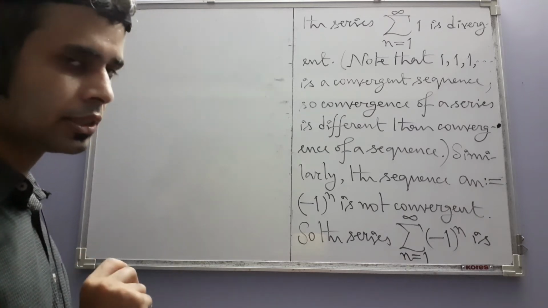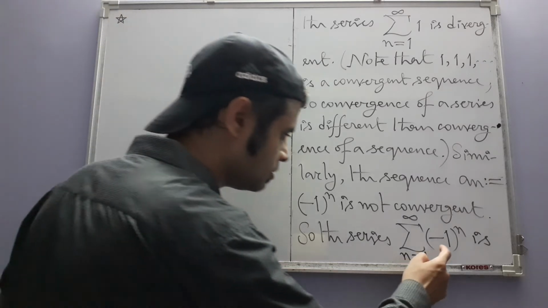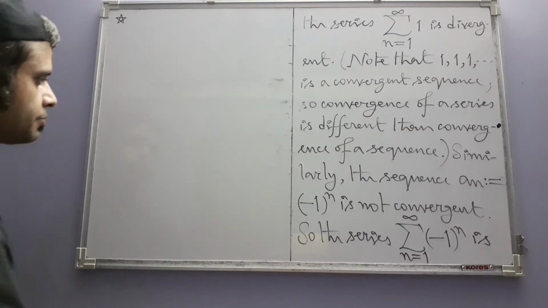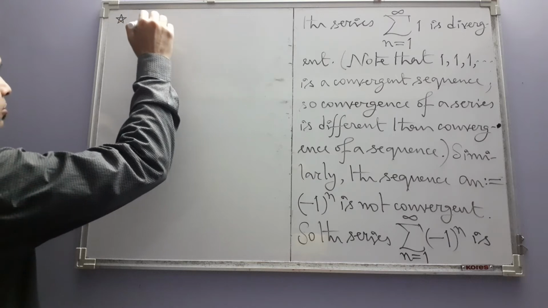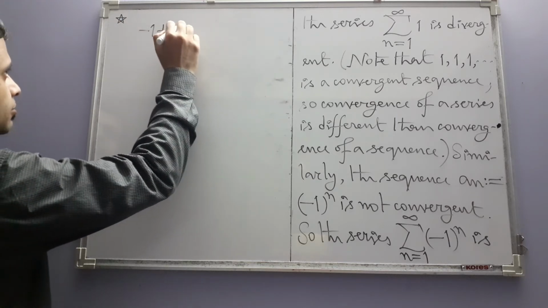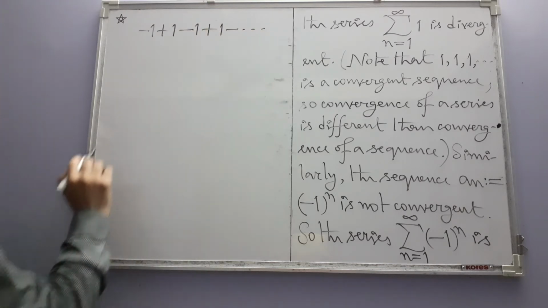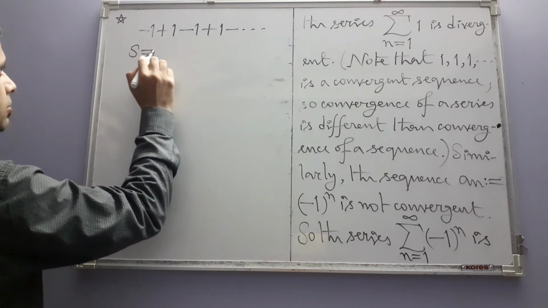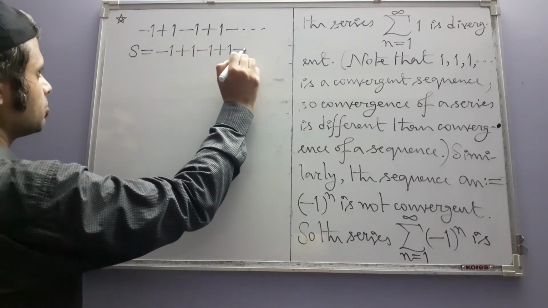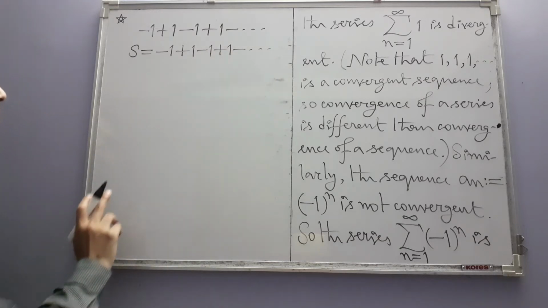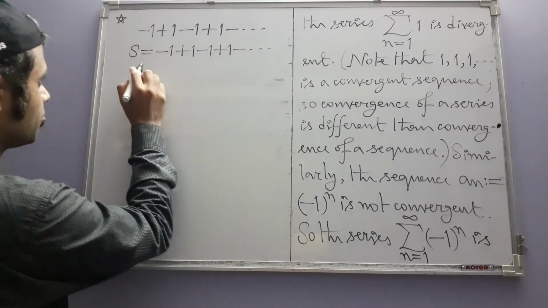In those erroneous things that we got back then, this one was one example. Considering this series is the same as considering this thing, no? If you remember, we somewhat whimsically, without knowing about anything, tried to calculate the sum of this series back then.